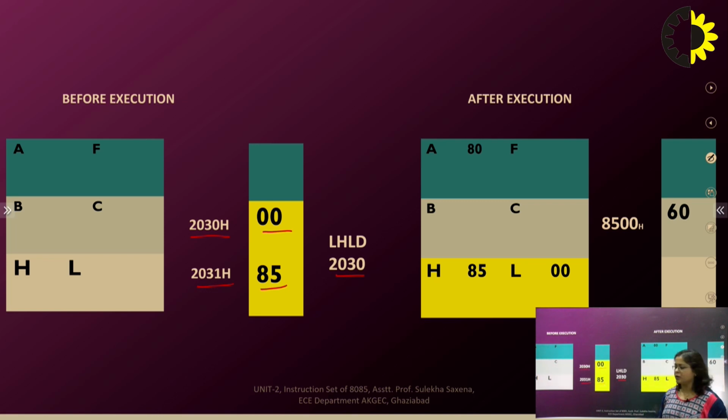After execution, L will contain 00 and H will contain 85. This is the only instruction which copies two consecutive bytes from memory to H and L respectively. All remaining instructions copy only one location from memory, either directly or indirectly.